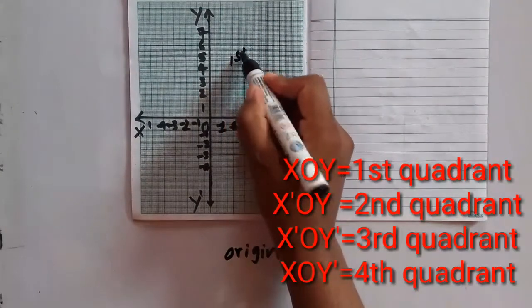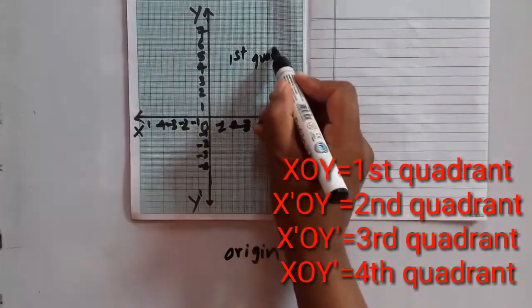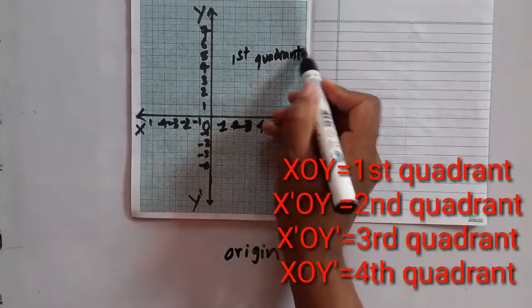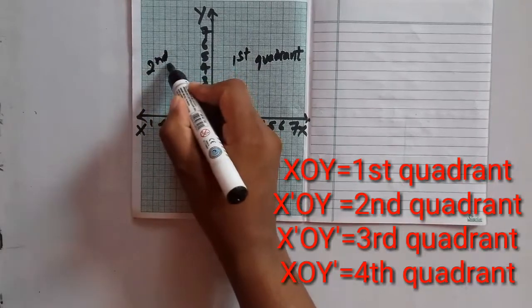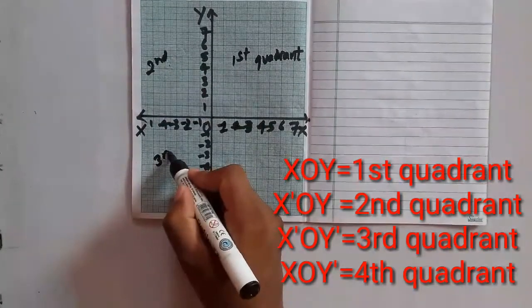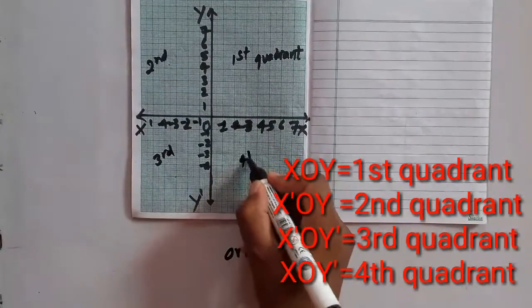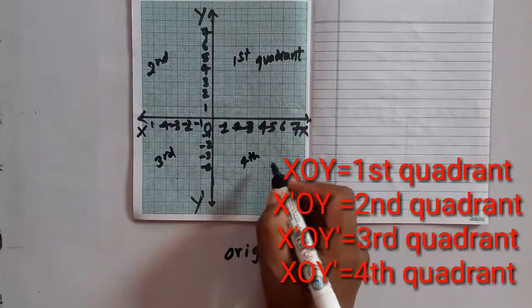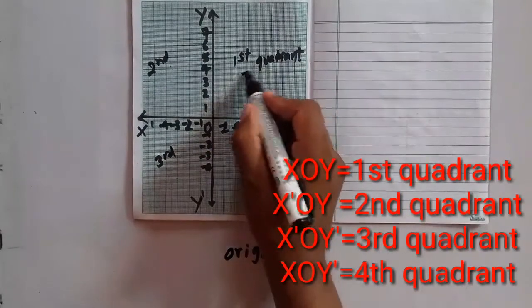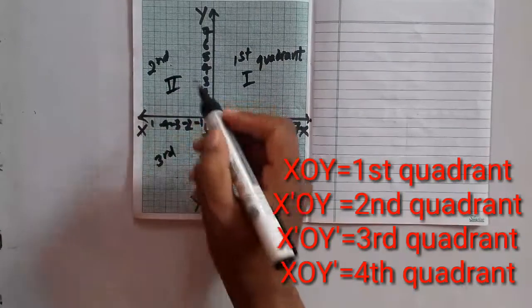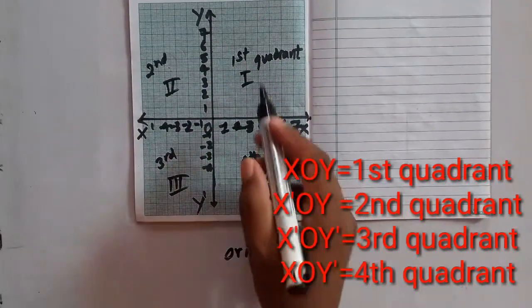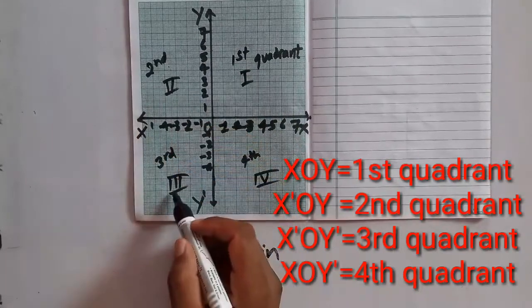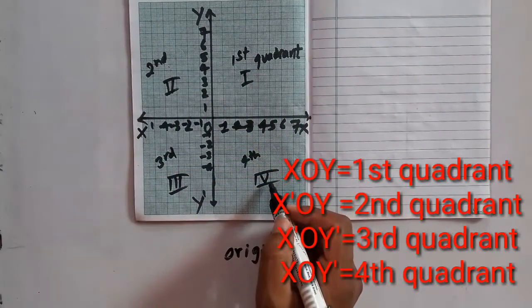This is called first quadrant, and this is called second quadrant. This is called third quadrant, and this is called fourth quadrant. We can write this as I, II, III and IV. This is first quadrant, this is second quadrant, this is third quadrant, and this is fourth quadrant.